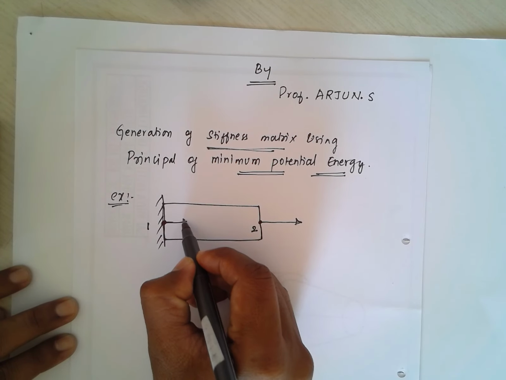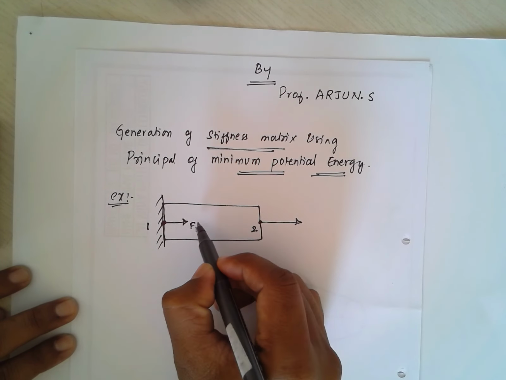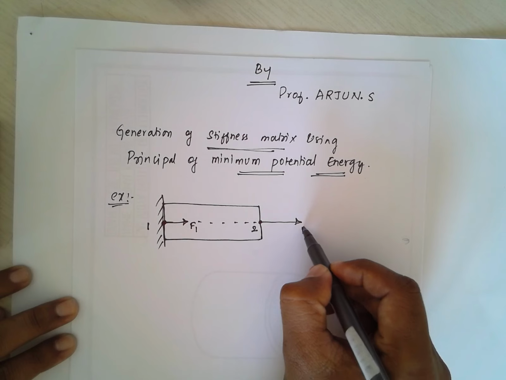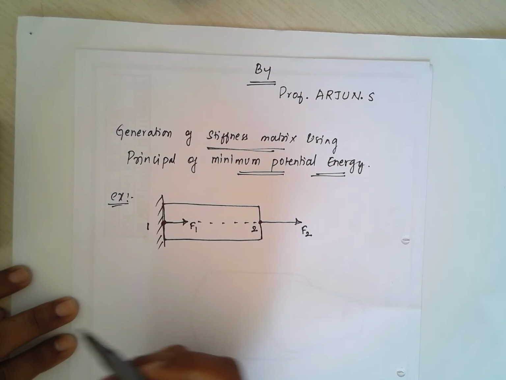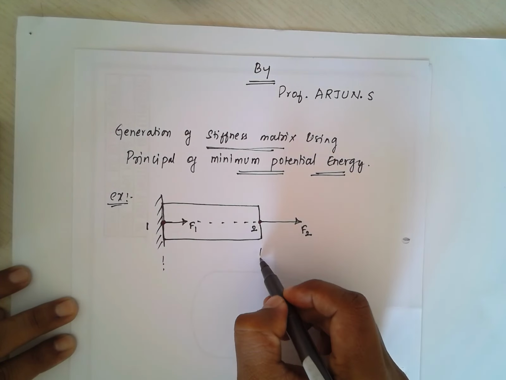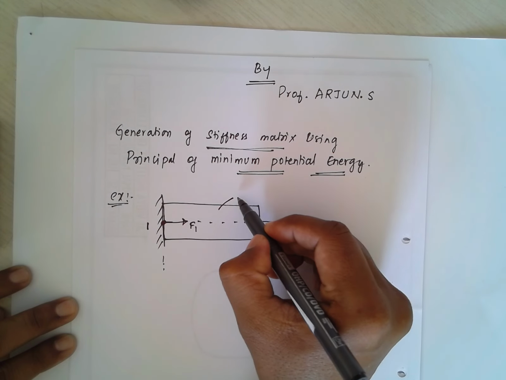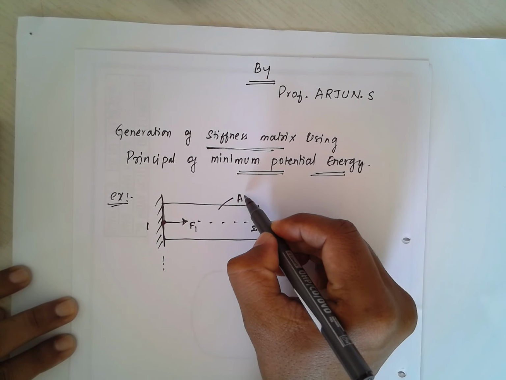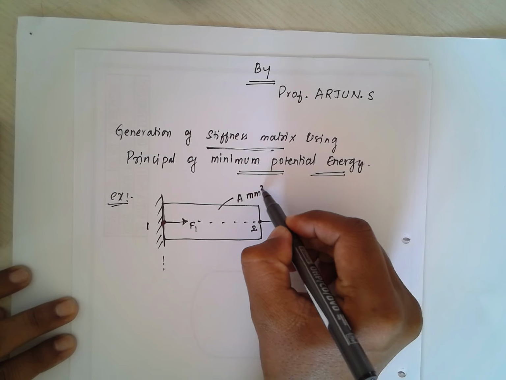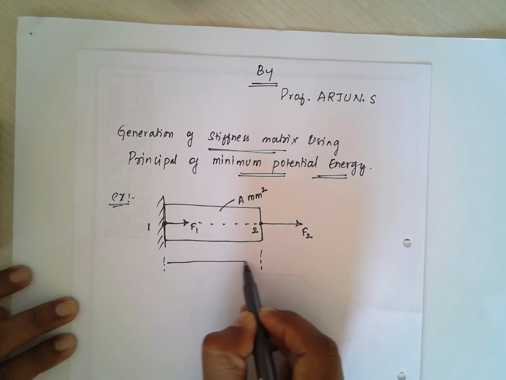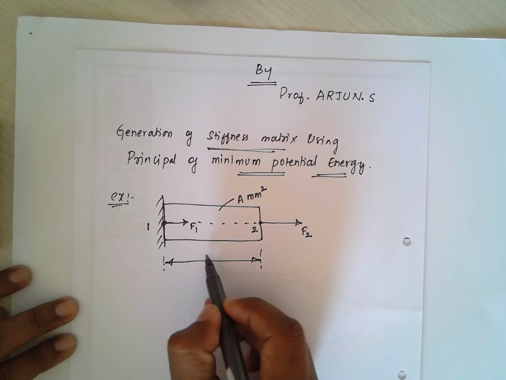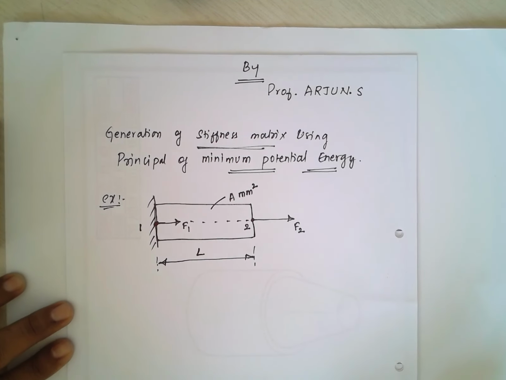In the node 1 we will assume that it is subjected to a force F1 and node 2 is subjected to a force F2. Let us assume area of this particular element, whatever you have considered one dimensional bar, as A mm square and length as L. Okay, for instance we'll assume this.